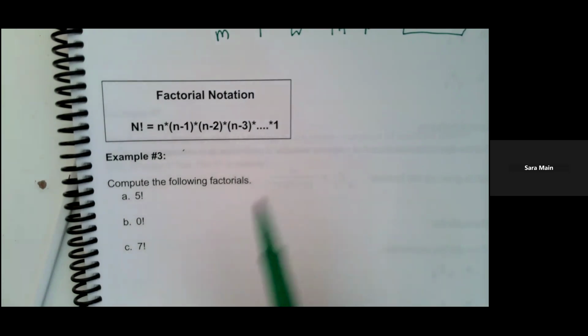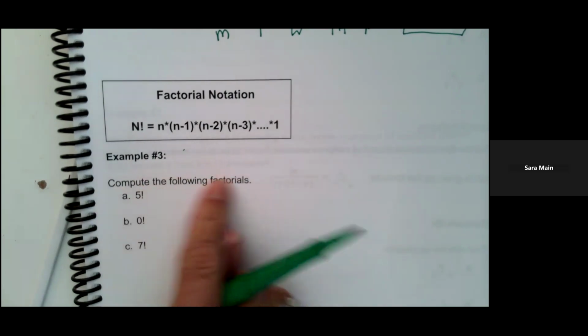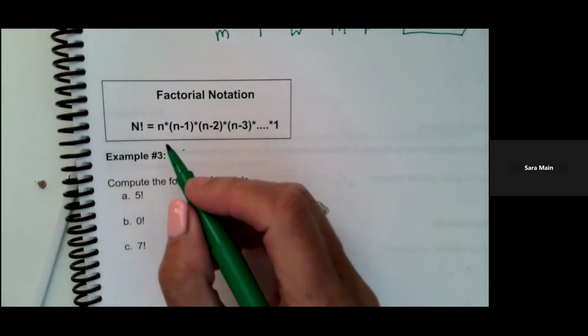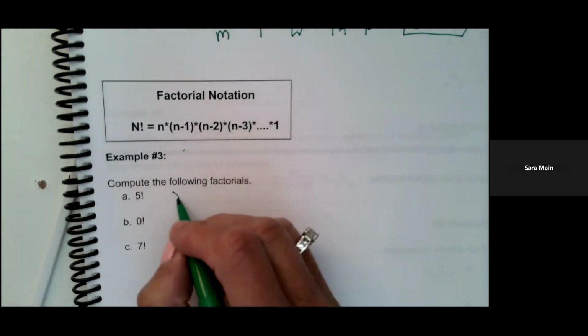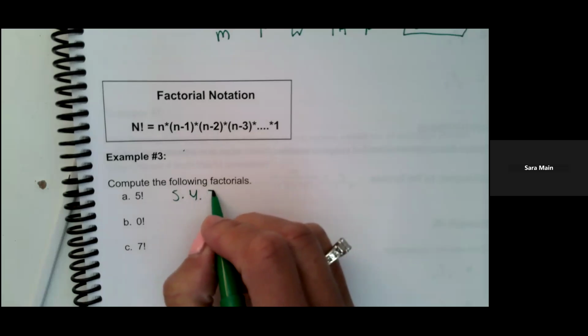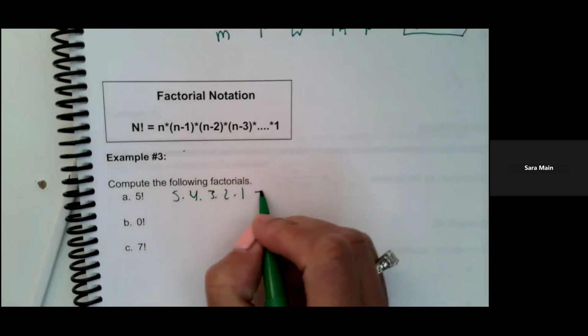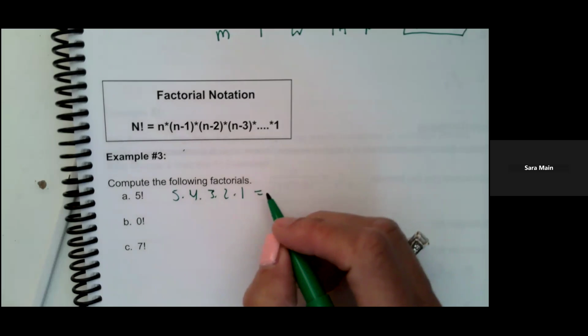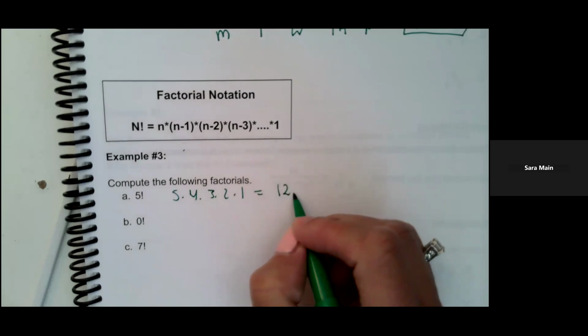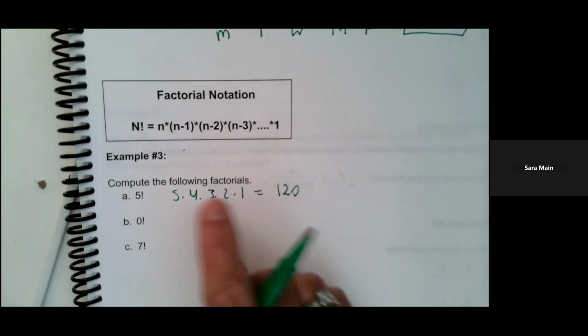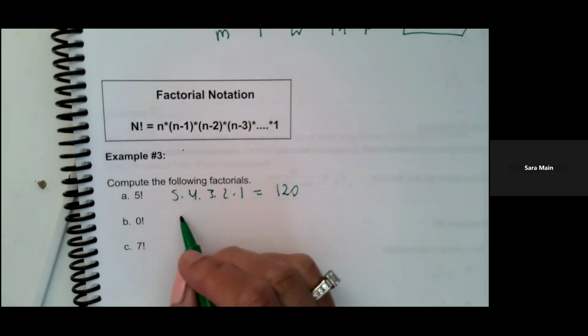And you're going to figure out what that multiplication is. So if I were using 5 factorial, that really means 5 times 4 times 3 times 2 times 1. So in this case, that would be 120. If I had 0 factorial, that just means I have 1.